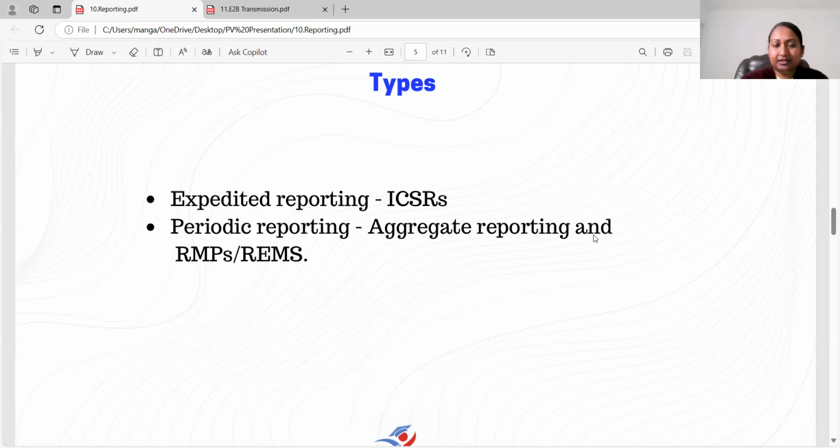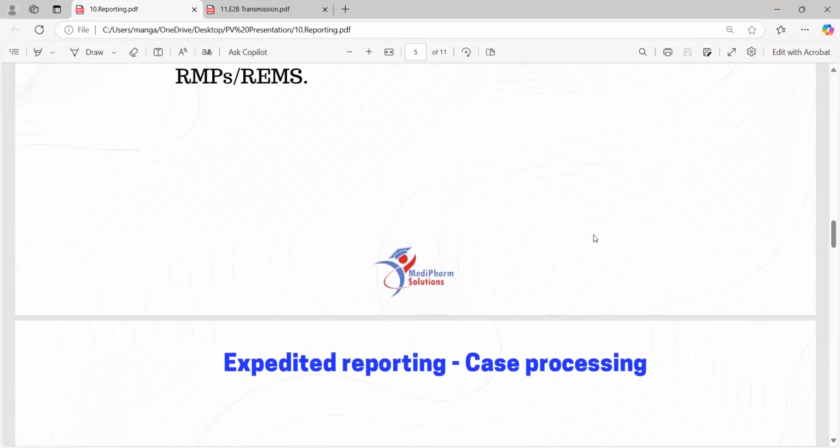Now, these reports are done over a period of time, every 6 months, quarterly, annually, something like that. They'll have their own timelines and plans. On a daily basis, what you do is expedited reporting, or ICSRs.